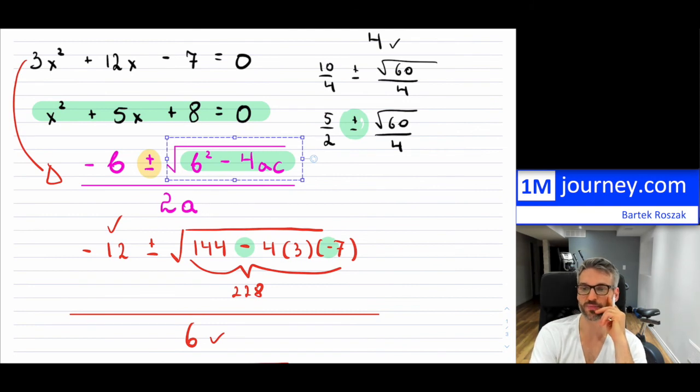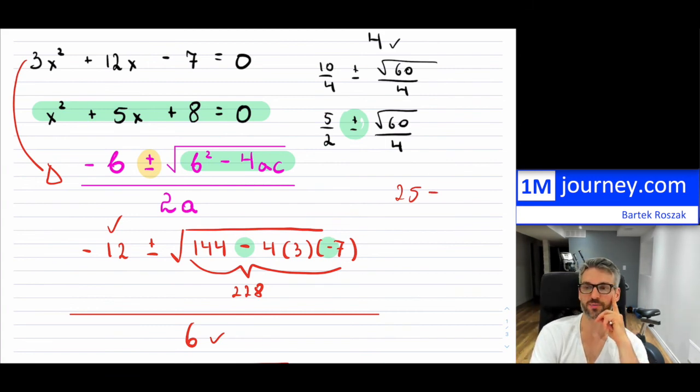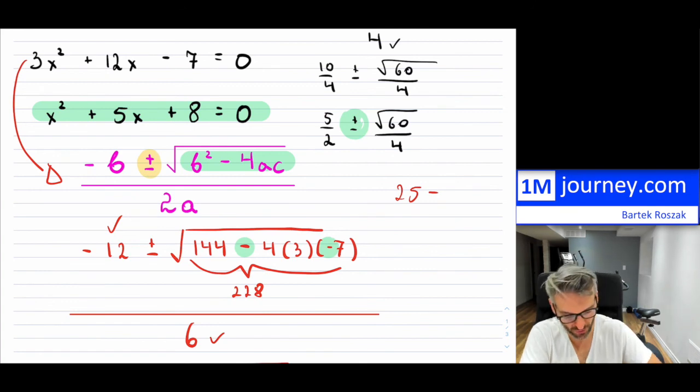So for instance, the b is 5 for that example, so it's going to be 5 squared, which is 25. So we're going to have 25 underneath, minus 4 times a, now a is 1, and c is 8, so 4 times 8 is 32.